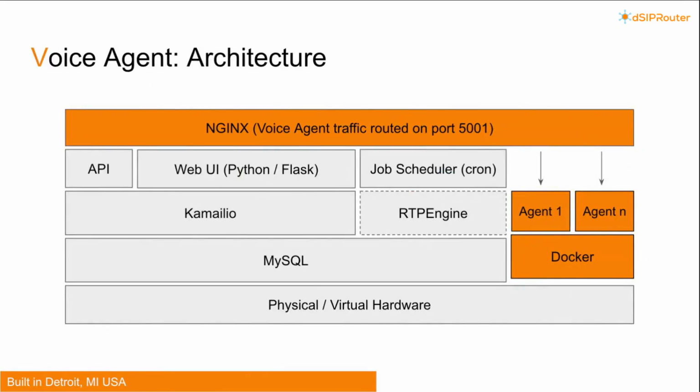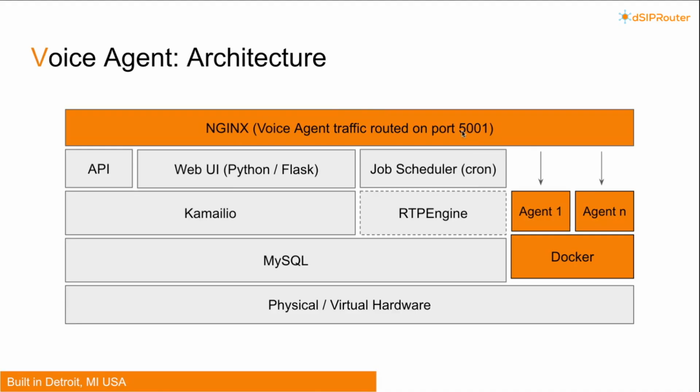Lastly, this architectural view here shows how things are going to be routed internally inside of dSIPRouter. So when a webhook comes inbound to dSIP, it's going to hit our Nginx server, which is really the proxy server that sits in front of our web UI. But it's going to use 5001. That is going to be the defined port for any agents.